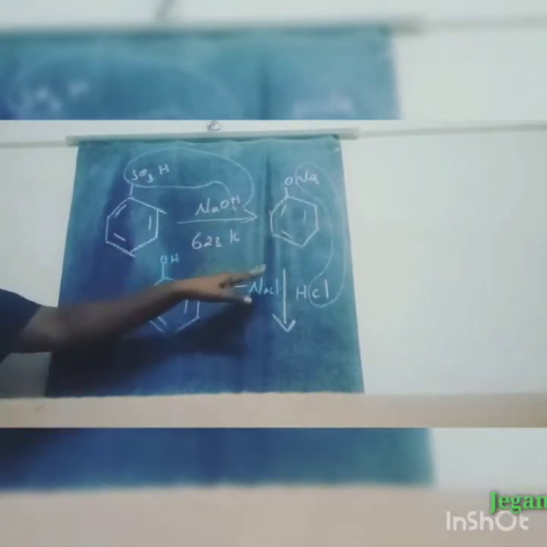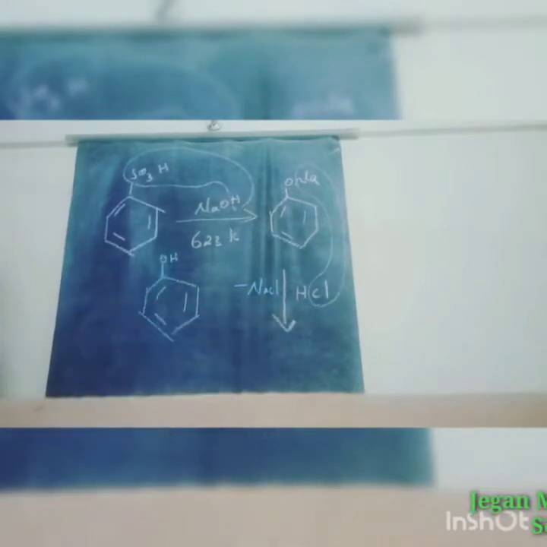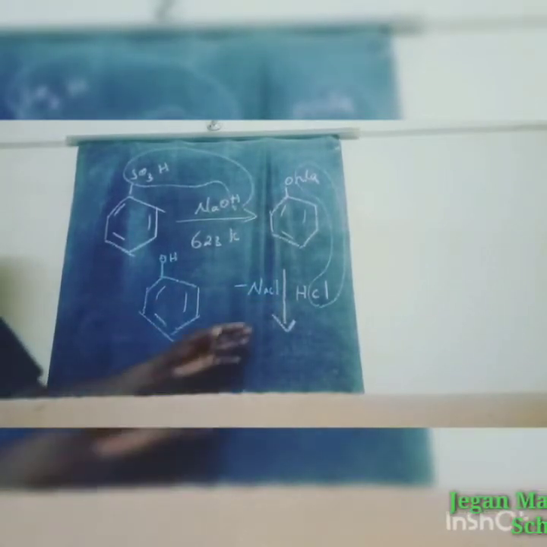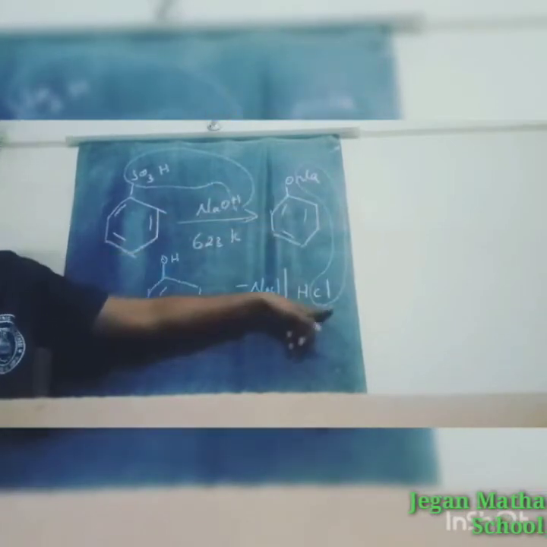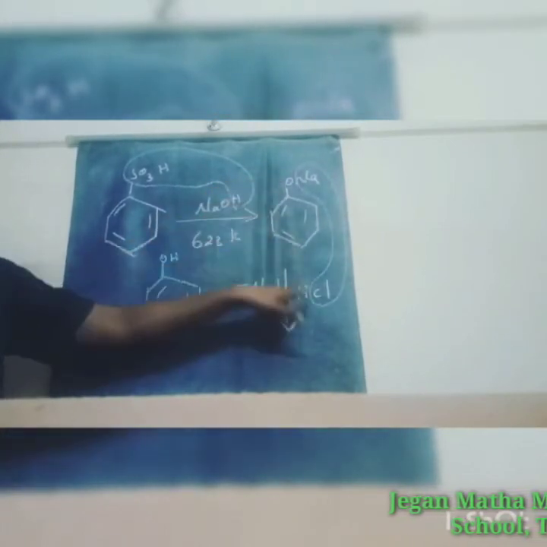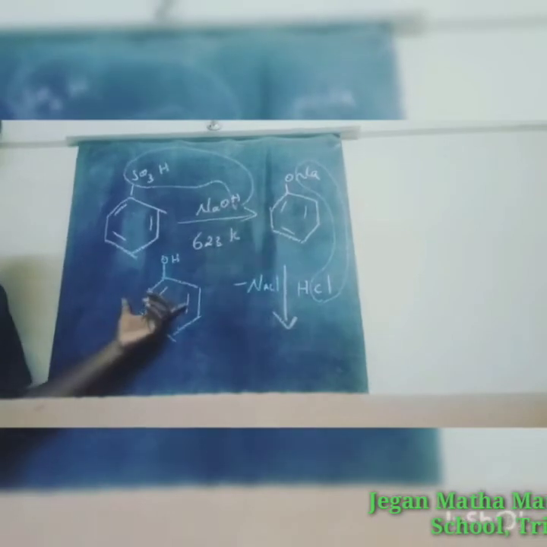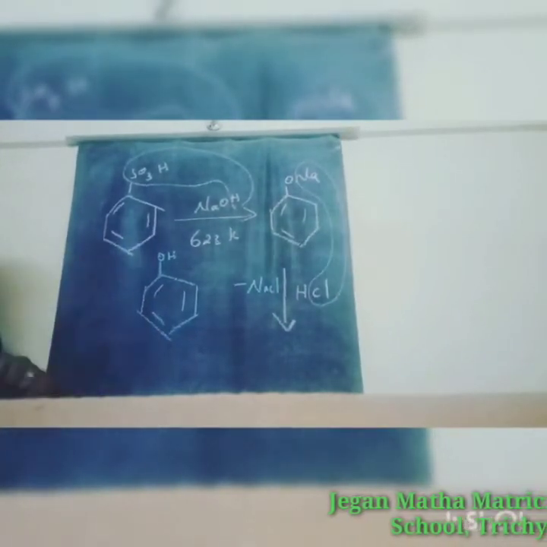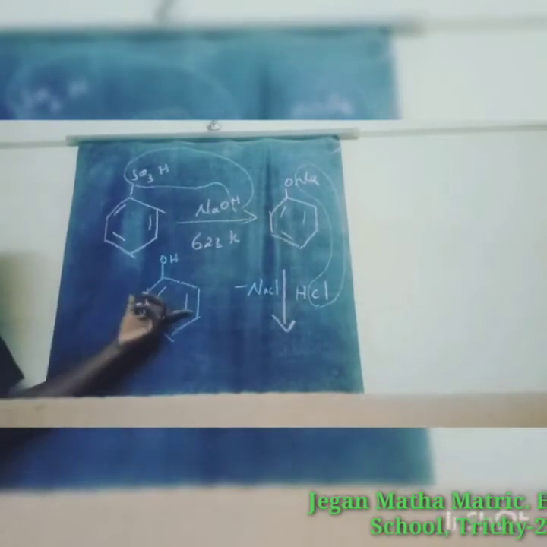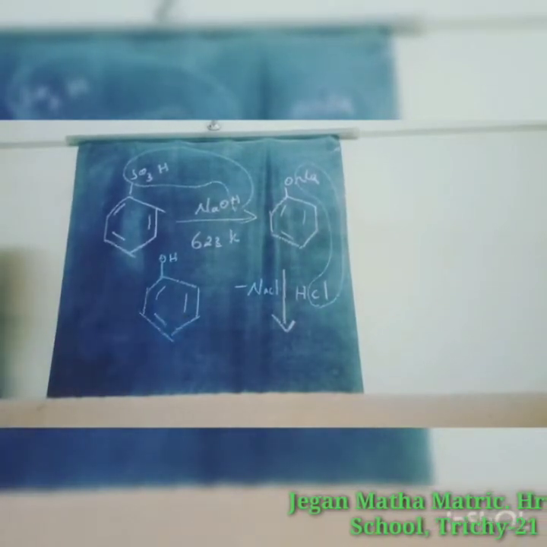It gives sodium phenoxide, which on acidification, here I take hydrochloric acid, NaCl is removed and the remaining OH is present. So here a benzene structure and OH is present, which on acidification gives phenol. Phenol means a benzene structure with OH present.